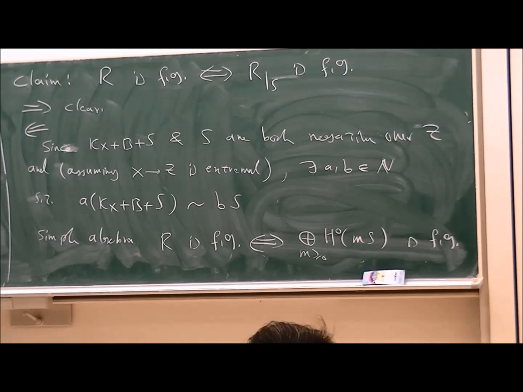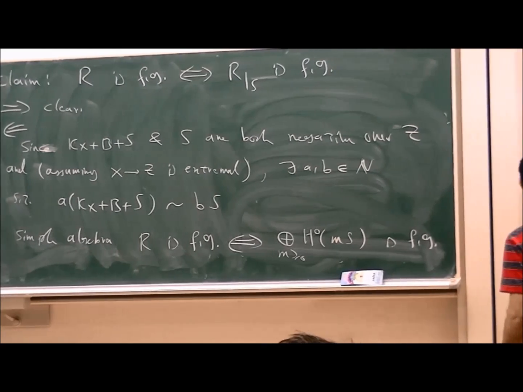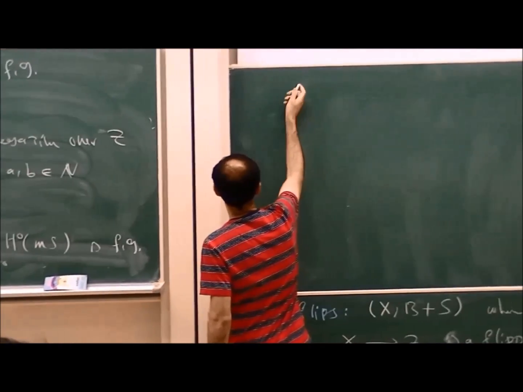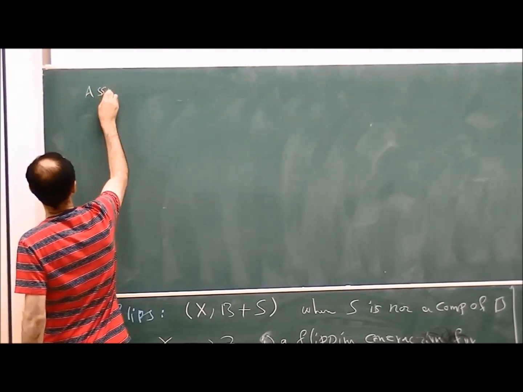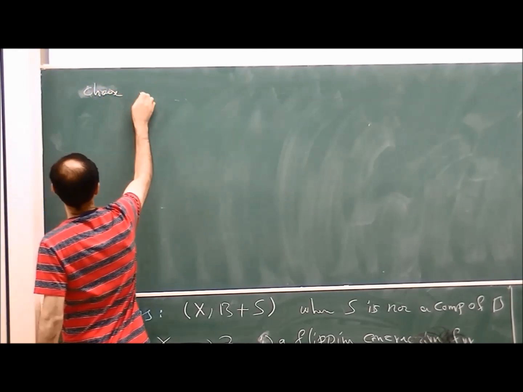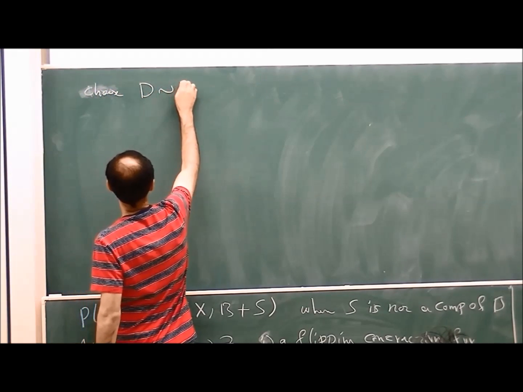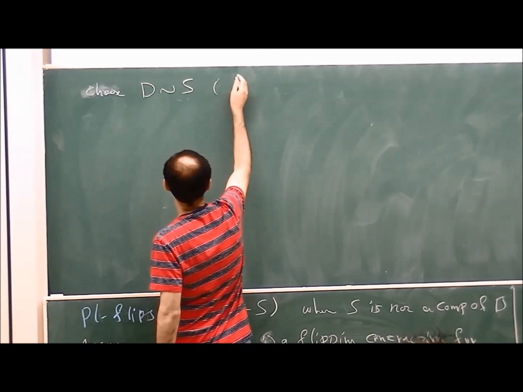So the point is that when we restrict the algebra to S for K plus B plus S, maybe this doesn't mean so much. But when we change to the ring of S, then it really means something very nice. So, avoiding some technicalities, just choose some divisor P linear to S, so that S is not a component.